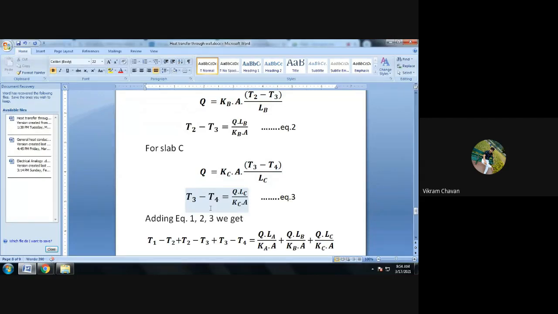We get T3 minus T4 equal to Q multiplied by L suffix C divided by K suffix C multiplied by A. Now we have the three equations in the form of a temperature difference.